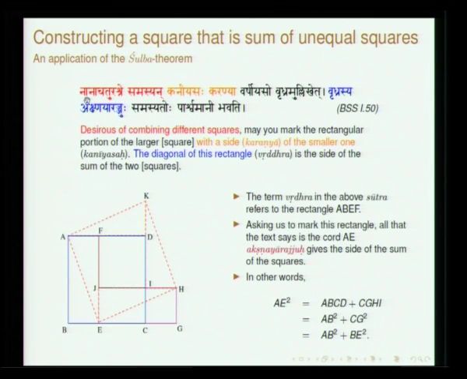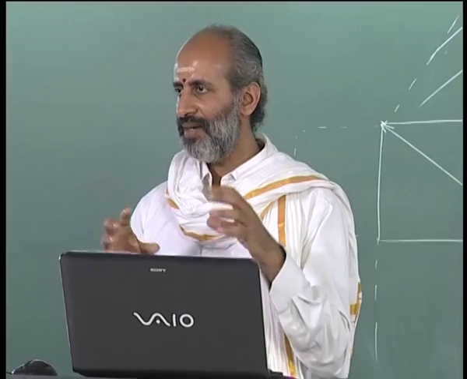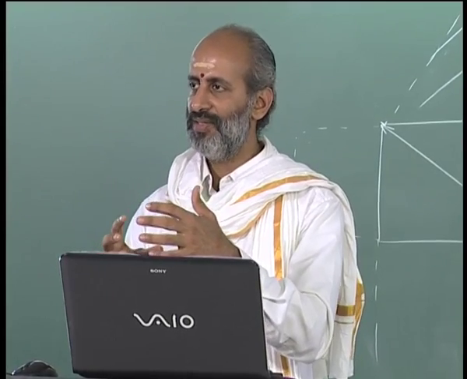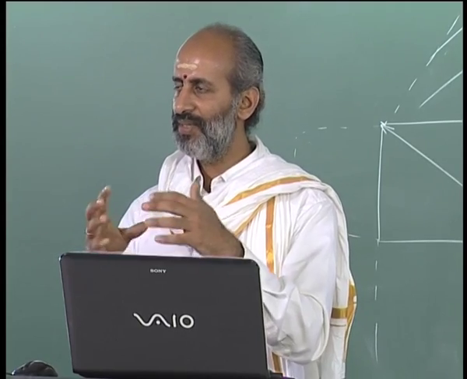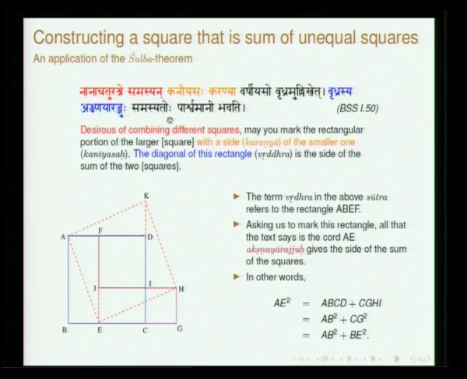So, Nana Chaturashre Samasyan. Samasyan means desirous of putting together, which means you have two squares of different size and you want to create a square whose area will be the sum of these squares. Okay. So, it is a geometrical construction.